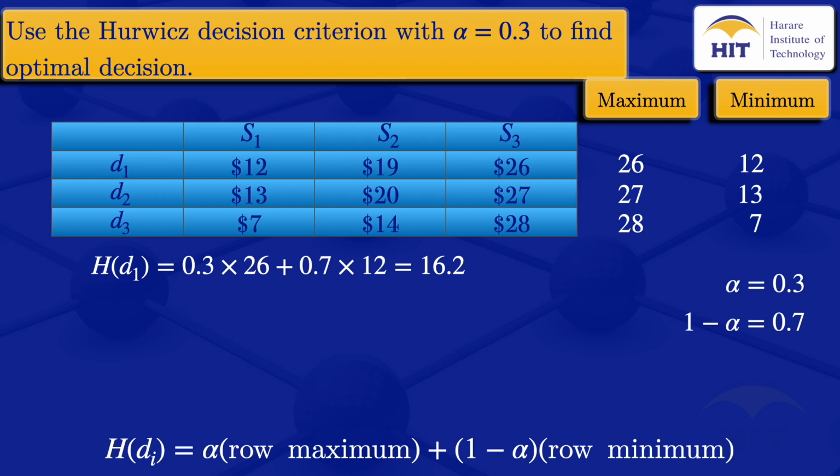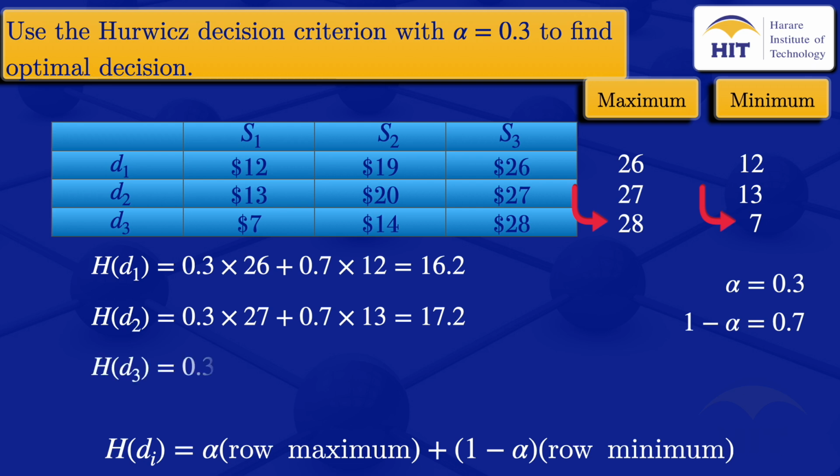So our Hurwicz criterion value will be 0.3 times 27 plus 0.7 times 13, which gives us 17.2. We now move on to decision number 3. We will use these two values. It will be 0.3 times 28 plus 0.7 times 7, which gives us 13.3.